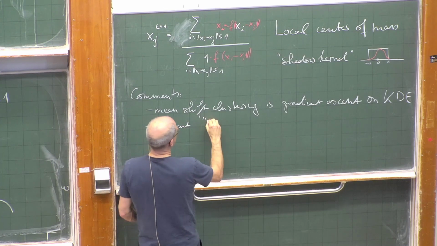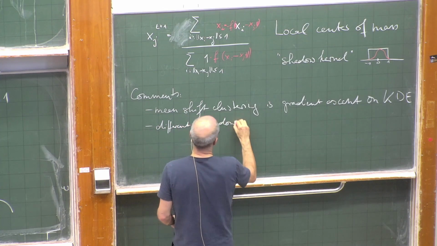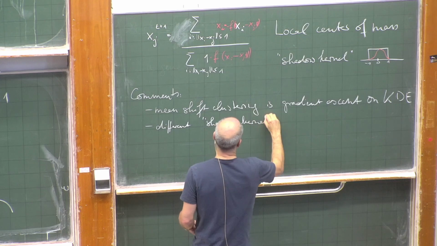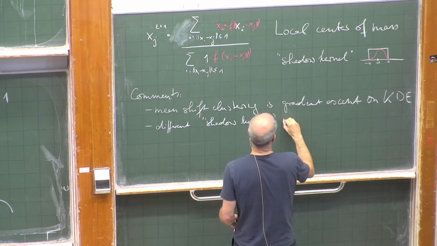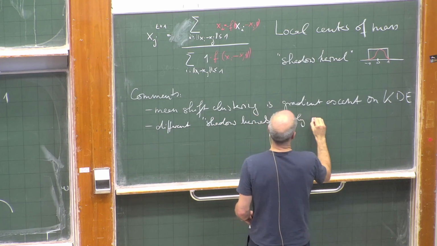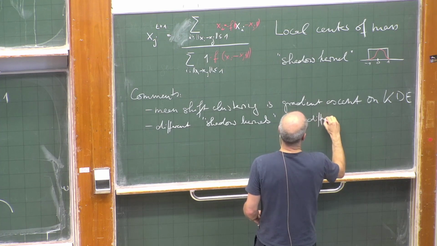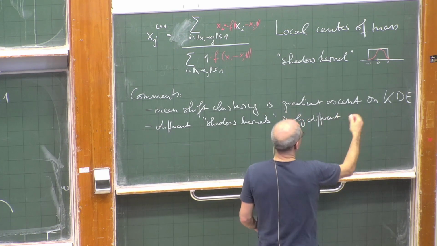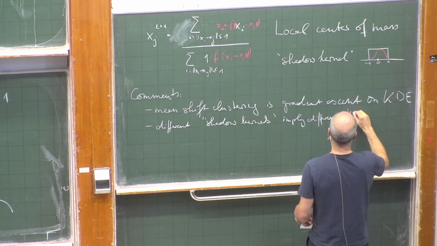So different shadow kernels imply different KDE kernels.